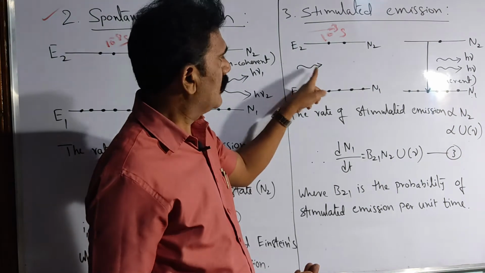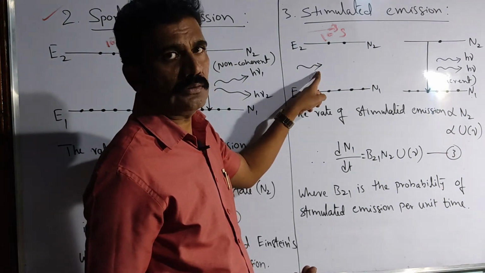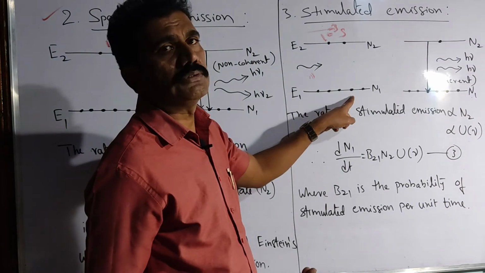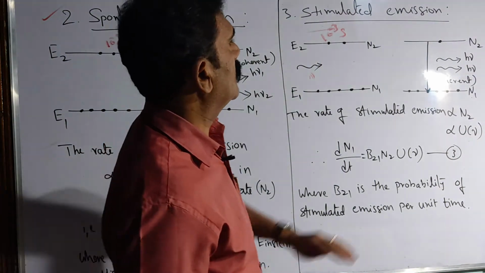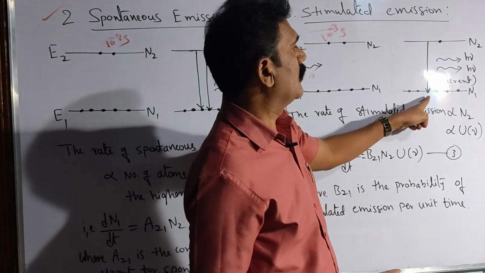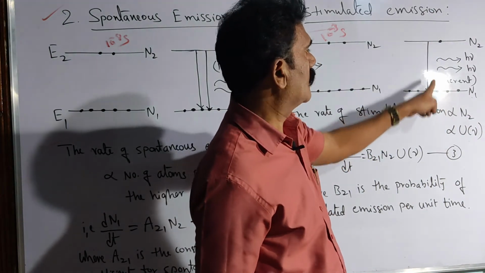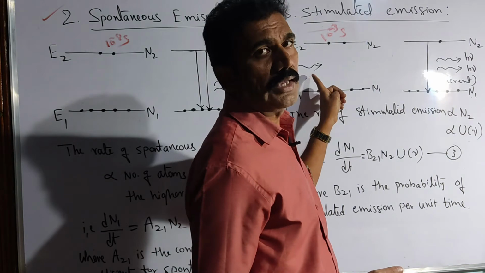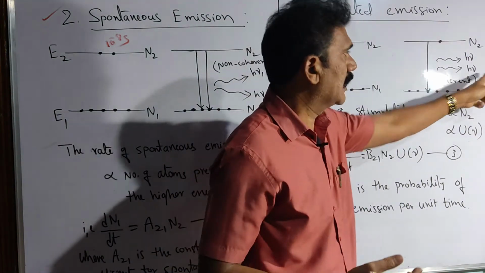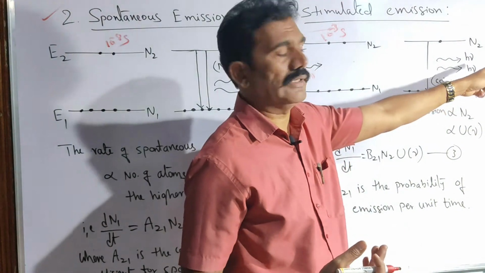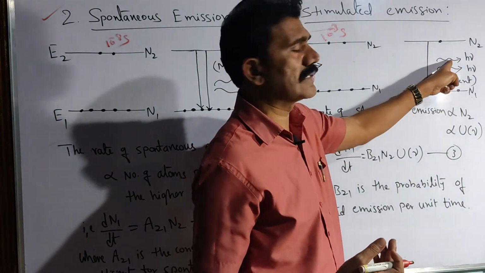With the influence of this incident photon, they undergo downward transition and emission of a photon takes place. After emission, the atom comes down to the ground state with the help of this incident photon without absorption. The incident photon is emitted again as it is, but due to this transition one more photon is emitted.